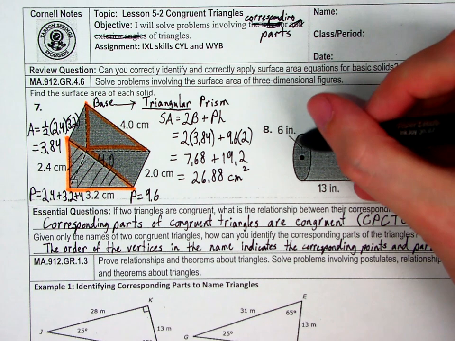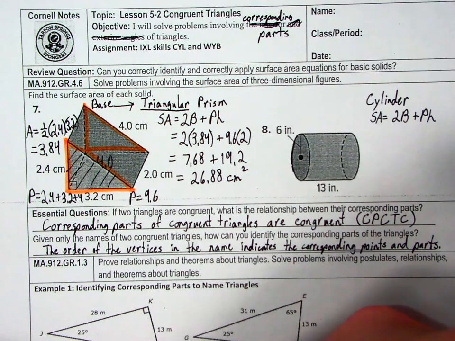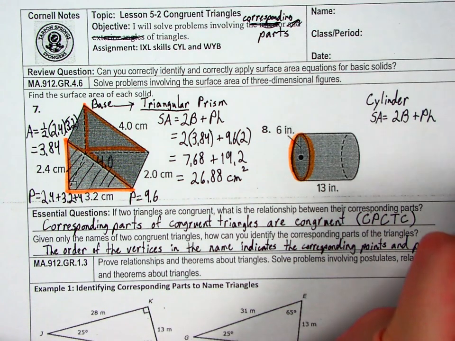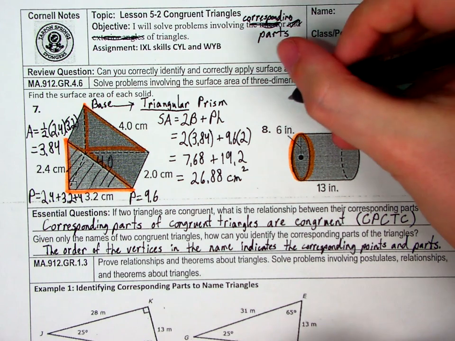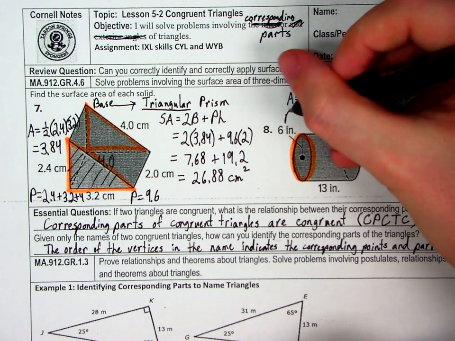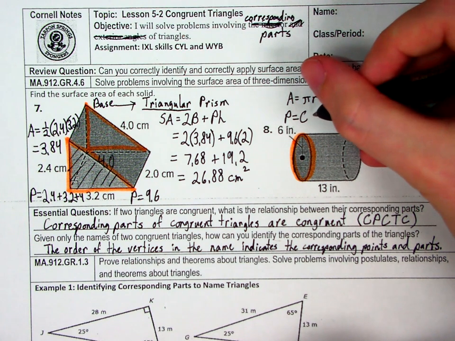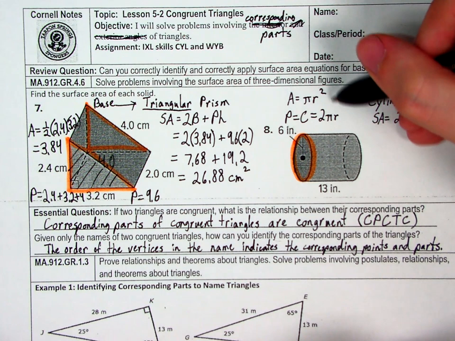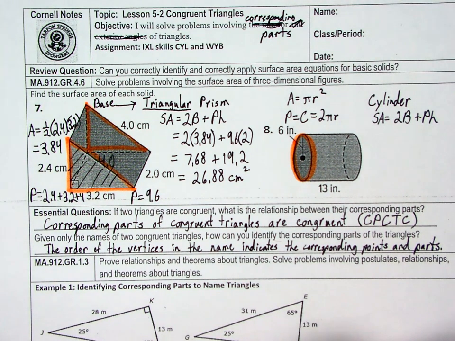The base shape of the cylinder, as I'm sure you can tell, is the circle. So we're going to find its area, which is pi r squared. We're going to find the perimeter, or the circumference of a circle, which is 2 pi r. These are from your reference sheet.